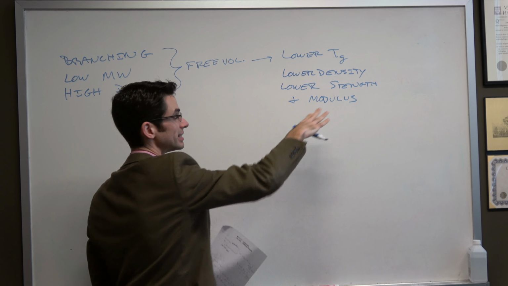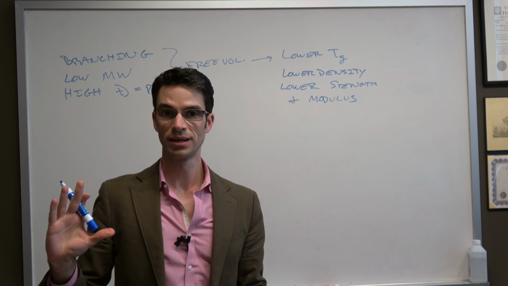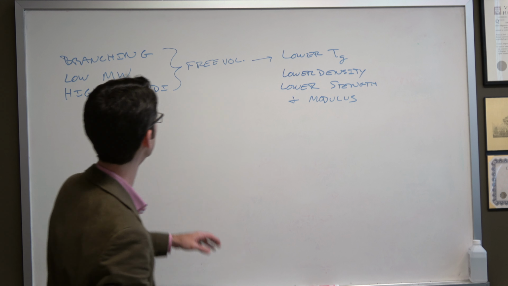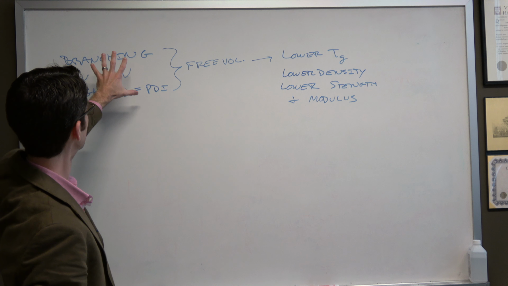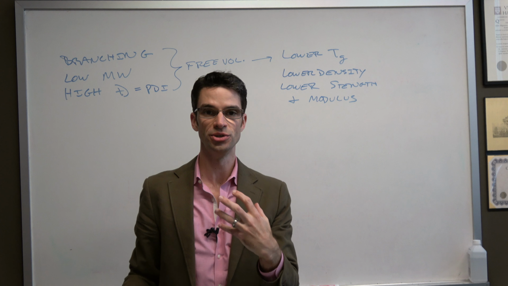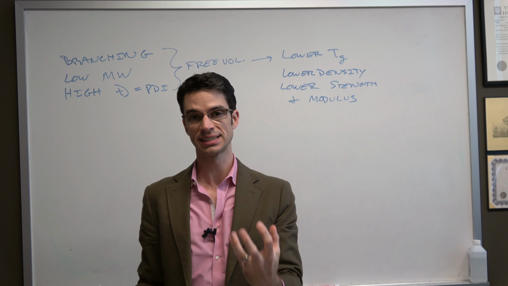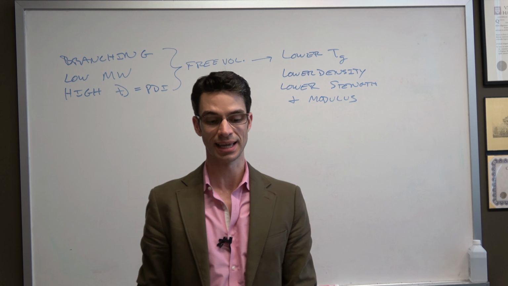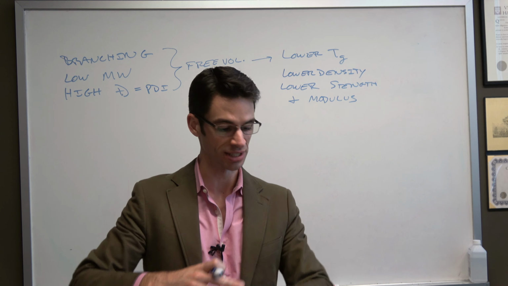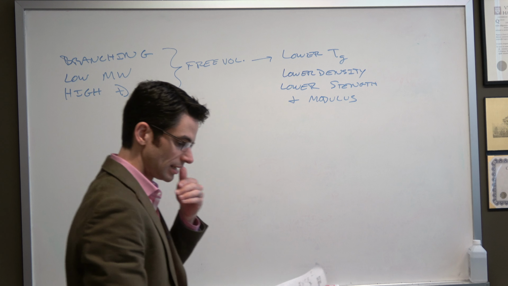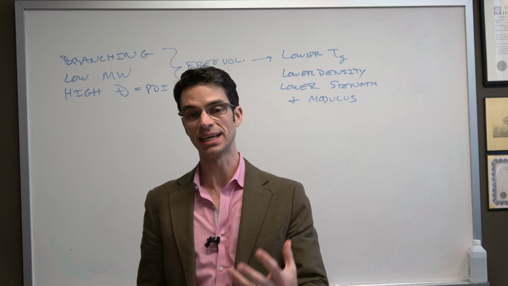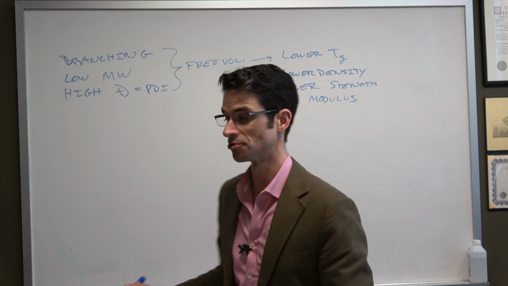And we'll talk about these things more later on in the course when we talk about thermomechanical properties. But the key thing is that these characteristics produce void space in a solid film where the polymer molecules can't quite pack efficiently. That is, there's more space to accommodate polymer chains as the film deforms.